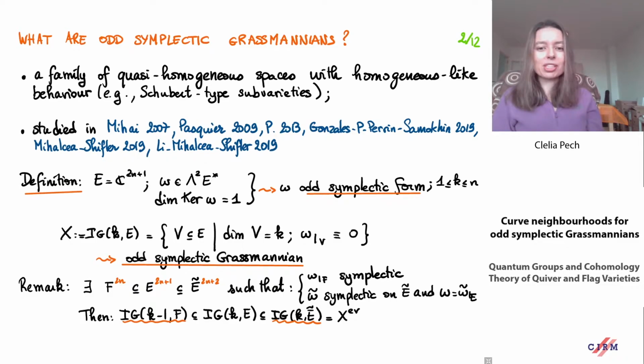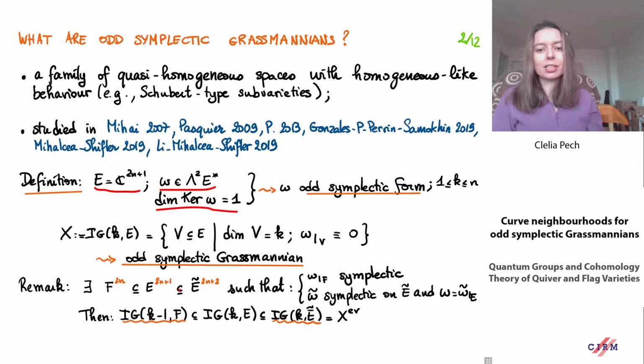But what I'm doing here is a little bit different. This time I'm looking at an odd dimensional vector space. I'm still going to look at an antisymmetric form, but this time I can no longer assume that it is non-degenerate, but I can make sure that the kernel is as small as possible.